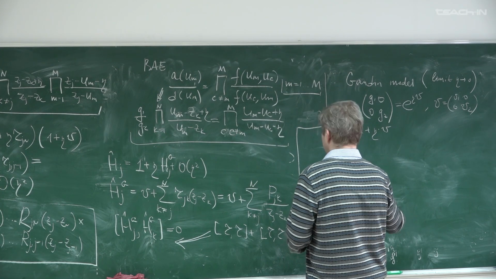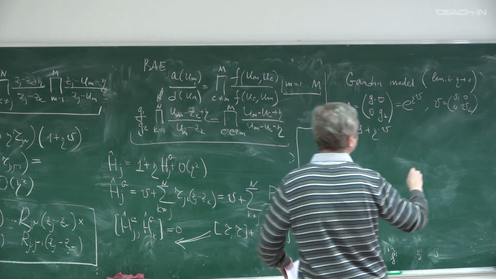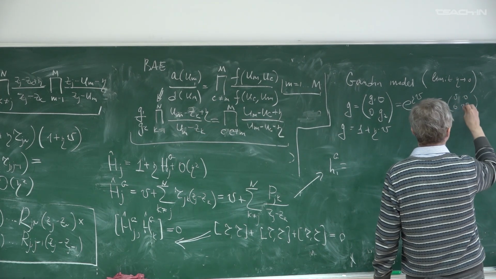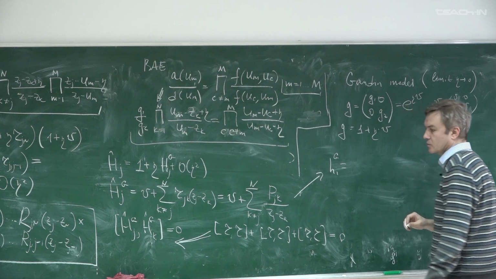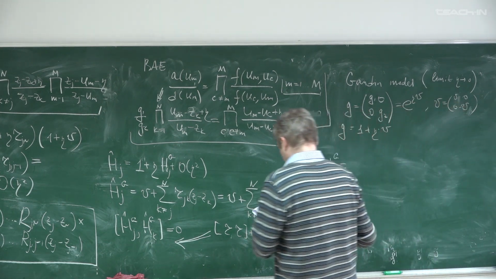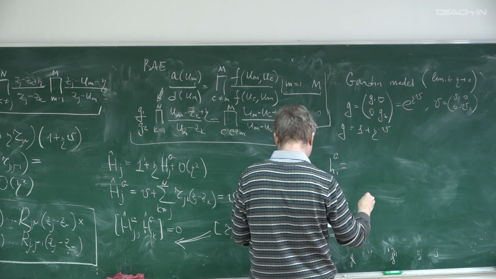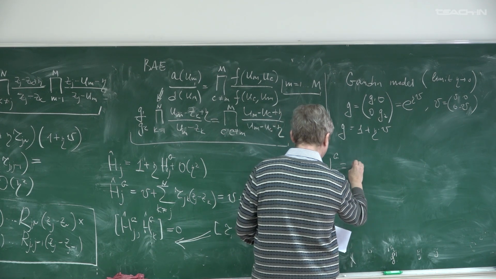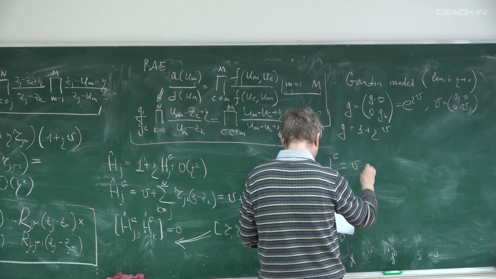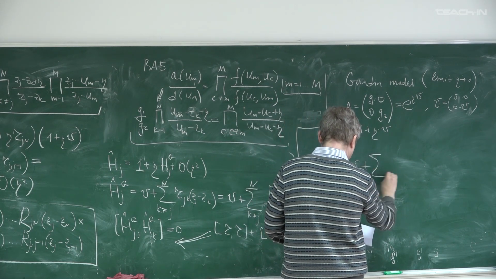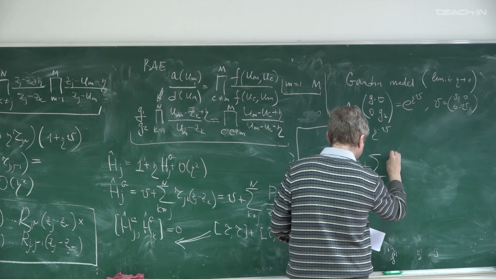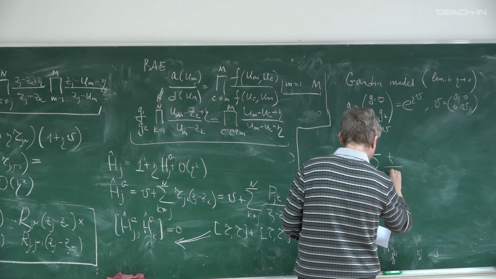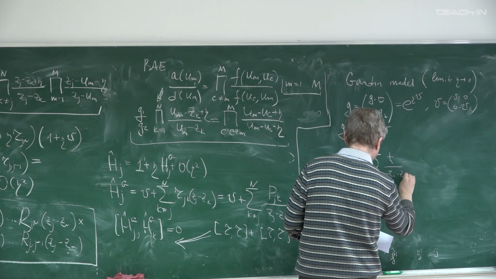I wrote here V1 and V2, but let me change it into V and minus V in order to have a zero trace. Then eigenvalues for Gaudin Hamiltonians may be written like some h divided by zi minus zk.